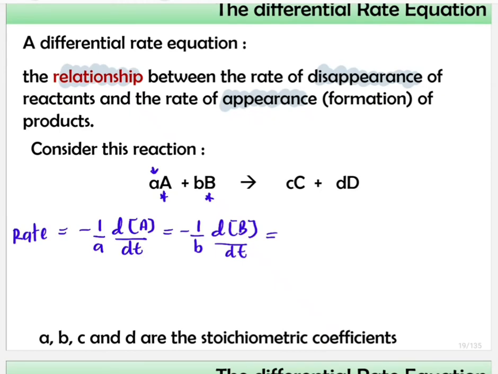Yang penting jangan tulis negatif untuk produk. So 1 over c, dC over dt equals to 1 over d, dD over dt. So ini adalah general equation untuk differential rate. Memang kalau tengok kat sini, belum boleh faham lagi macam mana kita nak tulis equation ni.